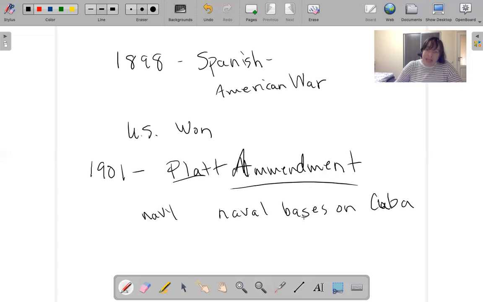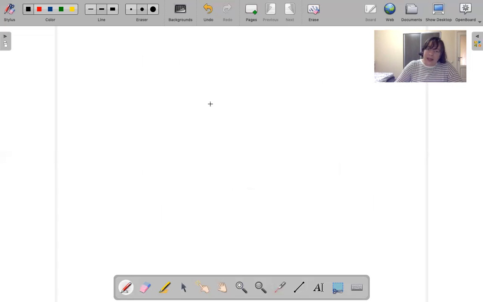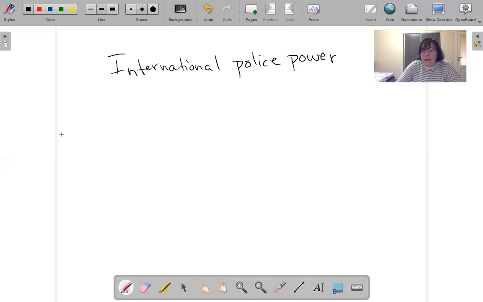Then, after that, get what the United States did. The United States announced to the whole world that they had international police power in the entire Western Hemisphere.